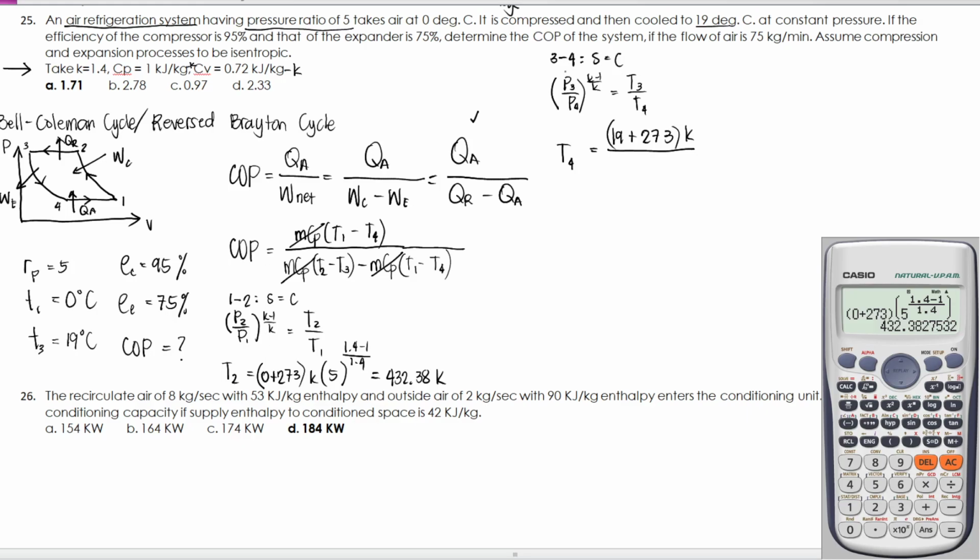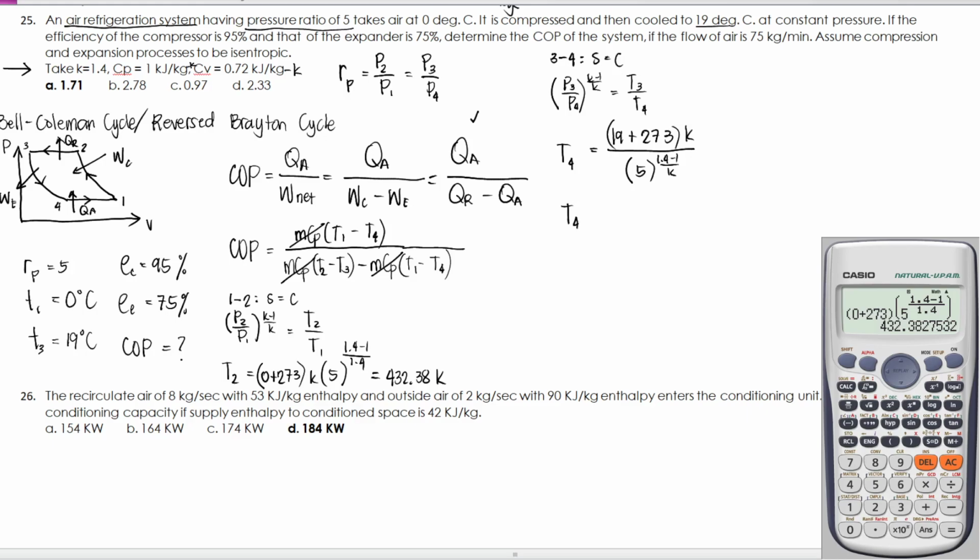And again, ang P3 ay equal sa P2, ang P4 ay equal sa P1. So, basically, yung P3 over P4 ay equal sa P2 over P1 na equal pa rin nga sa RP. Okay? Raised to K minus 1 over K. Ayun na, tatandaan. Ang pressure ratio na RP, that is equal sa P2 over P1 and equal din sa P3 over P4 for theoretical analysis.